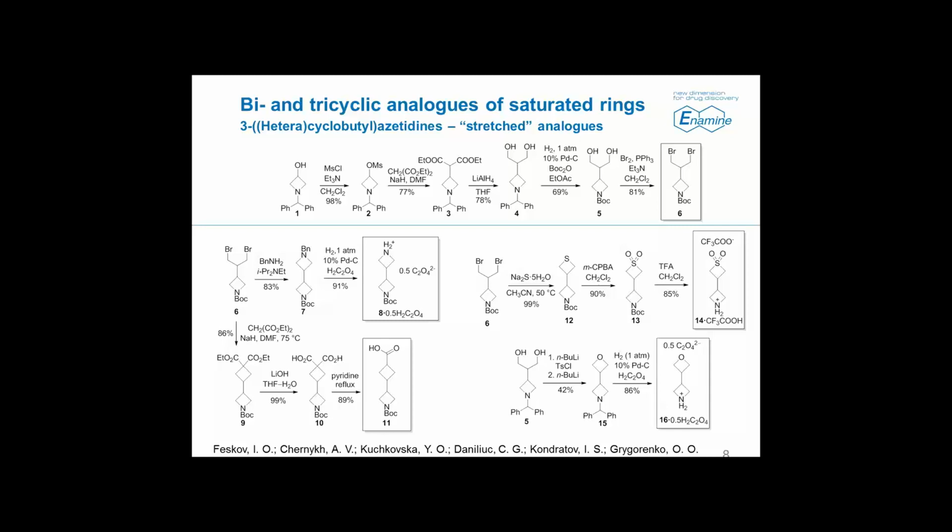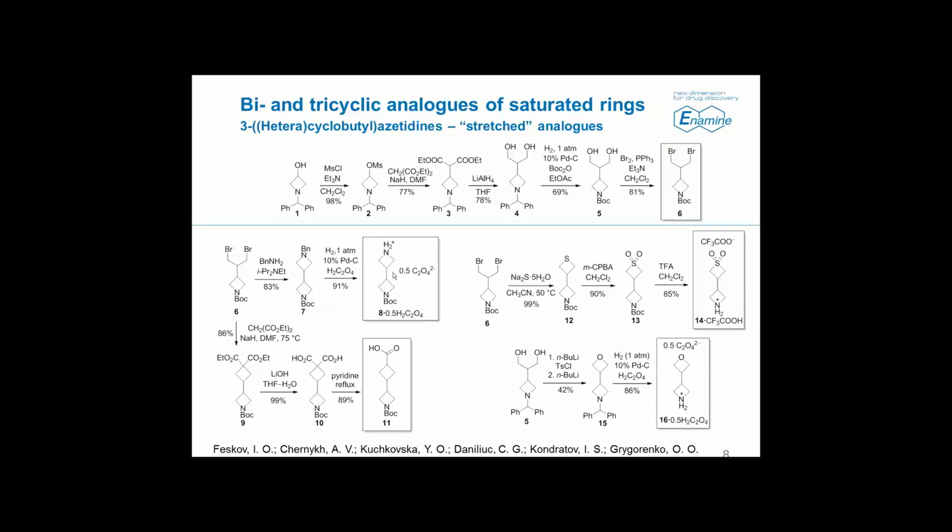Another set of morpholine, piperazine, and piperidine analogues is shown in the next work. Their design is based on stretching of these six-membered rings, and the stretching is, of course, not chemical. It is done not chemically, but only theoretically.